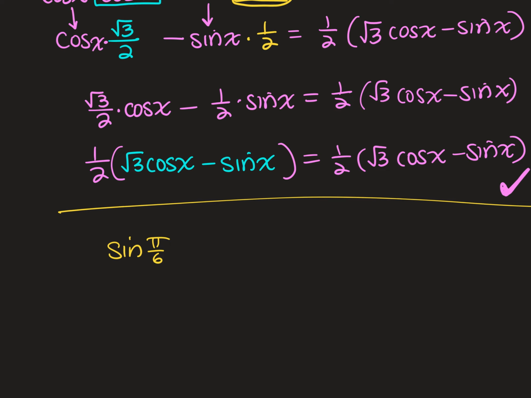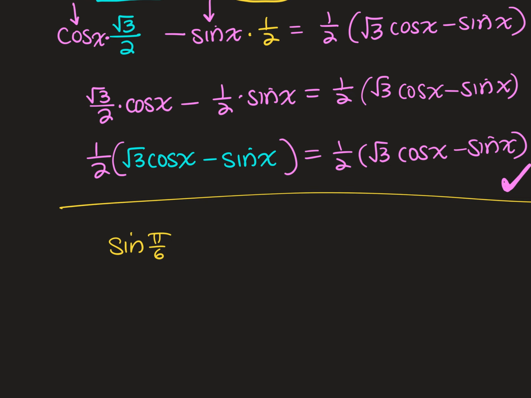What a lot of people will do is write sine times 1/2. The sine of pi over 6 is 1/2. So this is not how we would rewrite it. We just rewrite it as 1/2. We replace all of sine of pi over 6 with 1/2. Once you've used your unit circle, you no longer need to write the trig function that's associated with that angle.